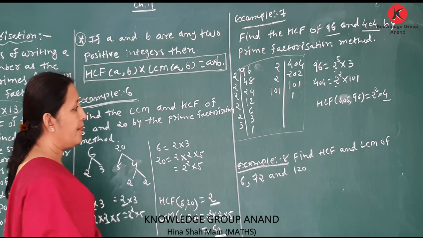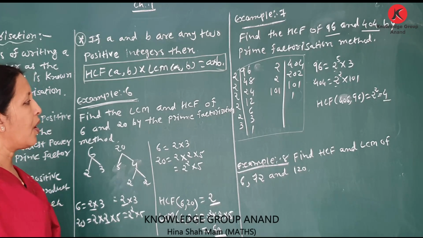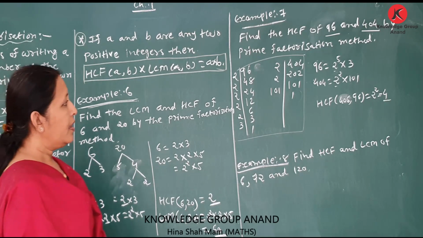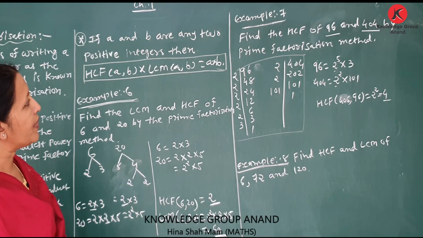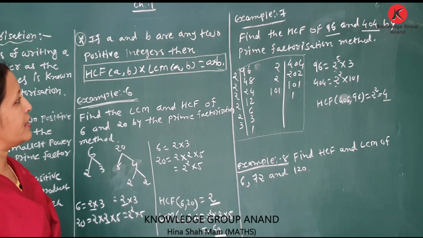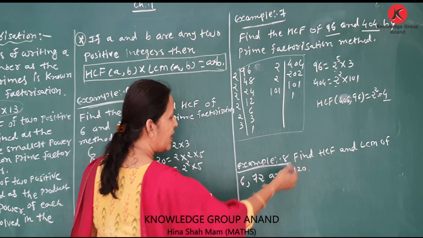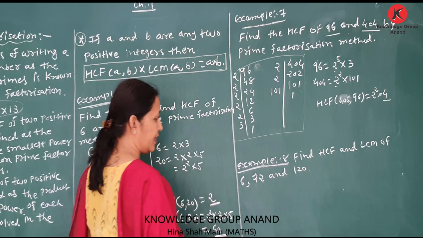Example 8. Find HCF and LCM of 6, 72 and 120. Here we find the HCF of 96 by prime factorization method. And here example 8, find HCF and LCM of 6, 72 and 120.